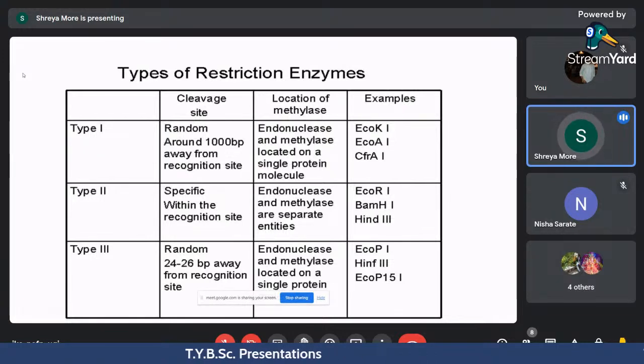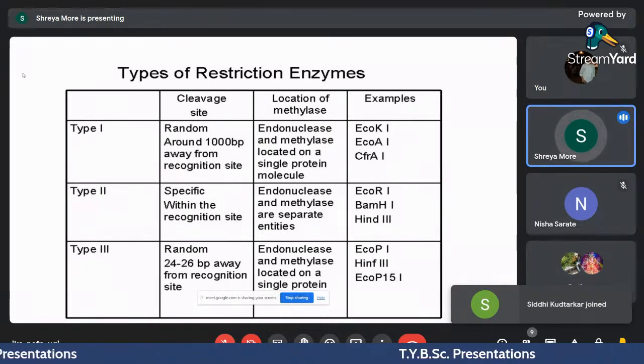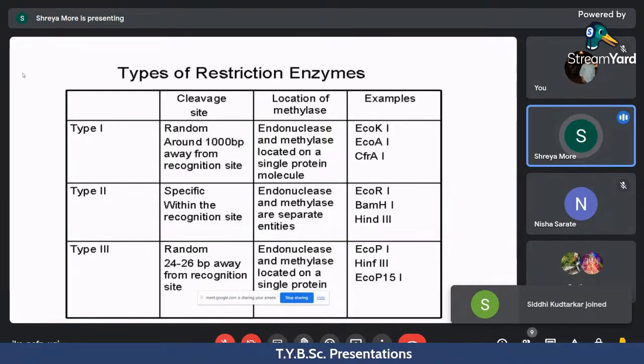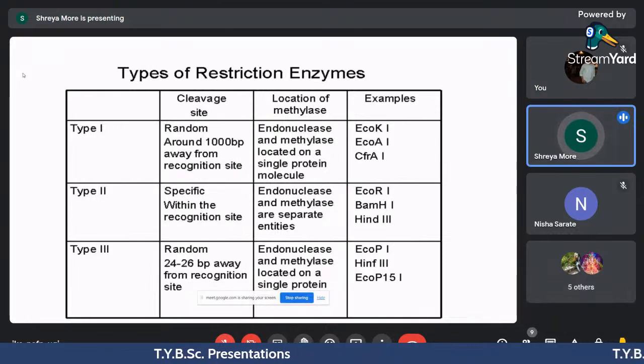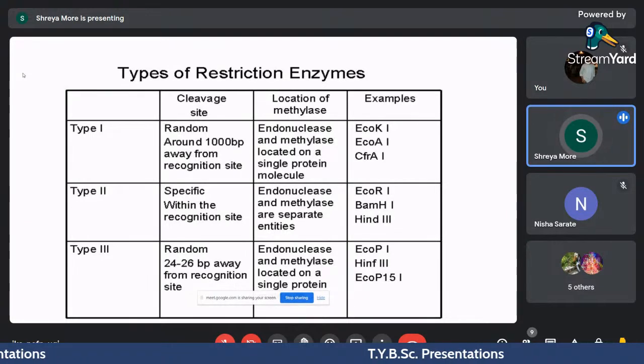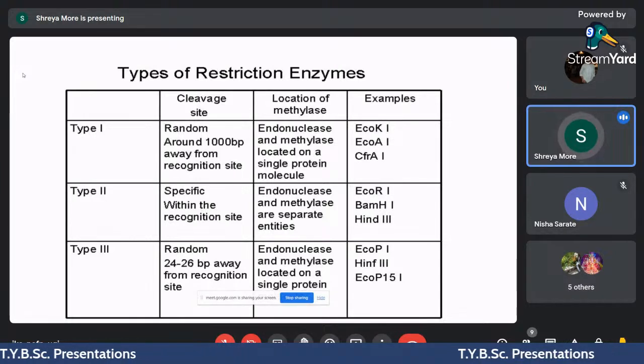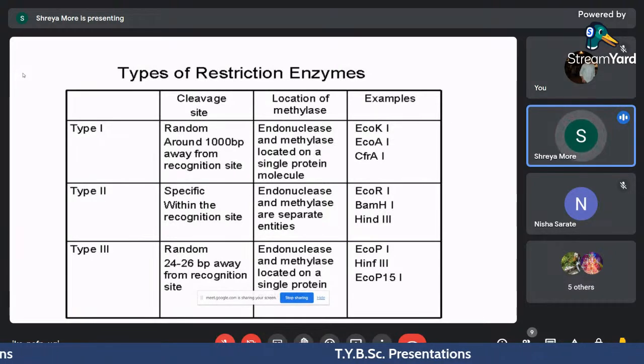Type 1 cleaves about 1000 base pairs away from the recognition site, and the endonuclease and methylase are located on a single protein molecule. Type 2 cleaves the DNA within the specific recognition site. And type 3 cleaves randomly 24 to 26 base pairs away from the recognition site.